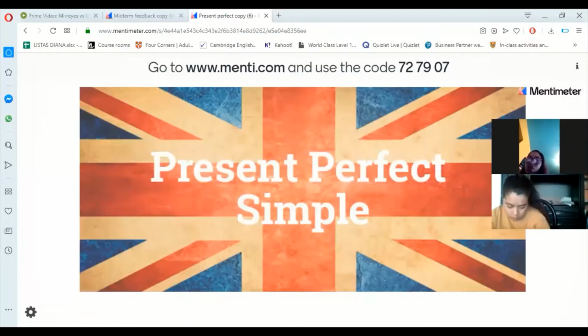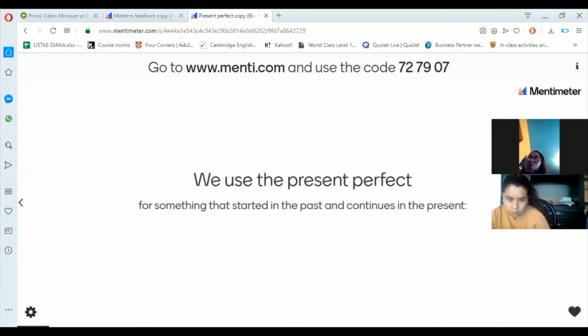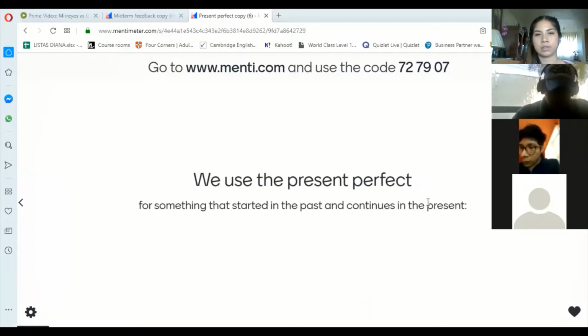Patty, could you please read the first slide? It's here. When do you use the present perfect? For experience? Here we have the slide on the screen. ¿Sí están viendo la pantalla? Sí. Okay. When do you use present perfect, Patty? Please, just read.